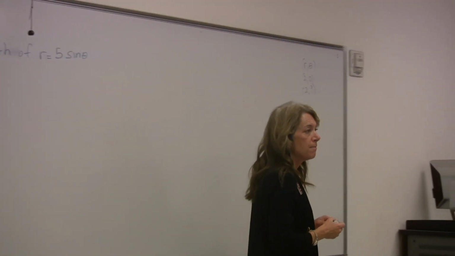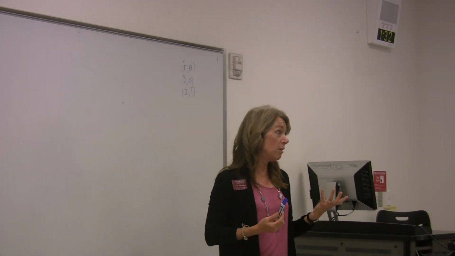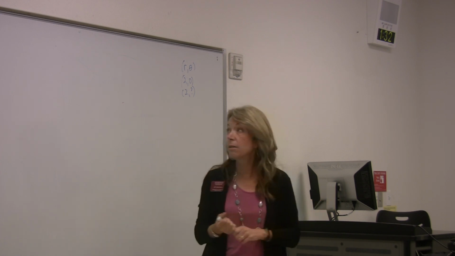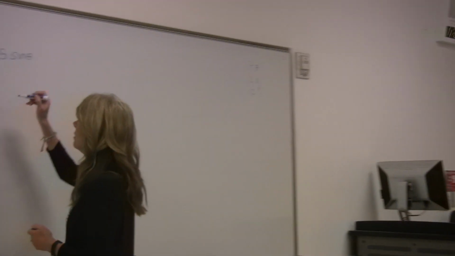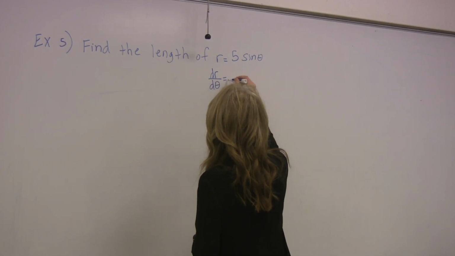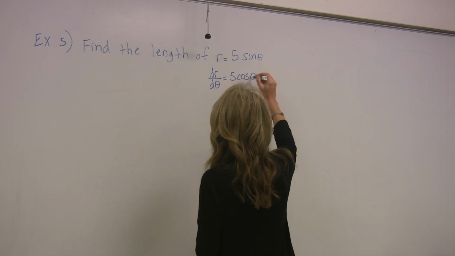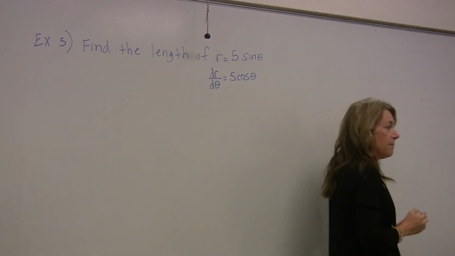Did you write that in there? What should I do first? We need the derivative to plug into our arc length formula. So we can do that. What's dr d theta? 5 cosine theta. Okay, we got that.